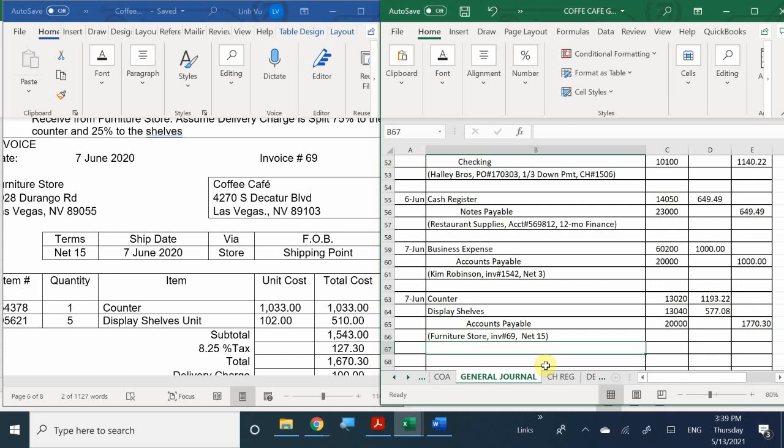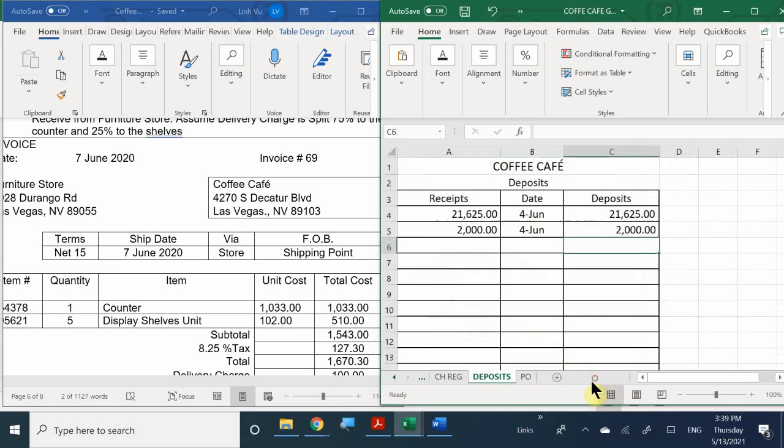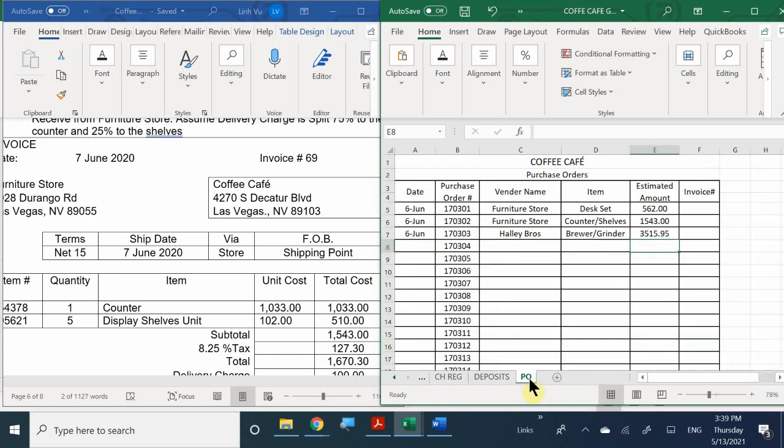Okay. So first, usually the rule of thumb here is that now that we received our items, we need to go ahead and check mark that we received it through the purchase orders window. In this case, my second purchase order, for the counter and shelves, came in before my desk set. So there could be possible reasons.